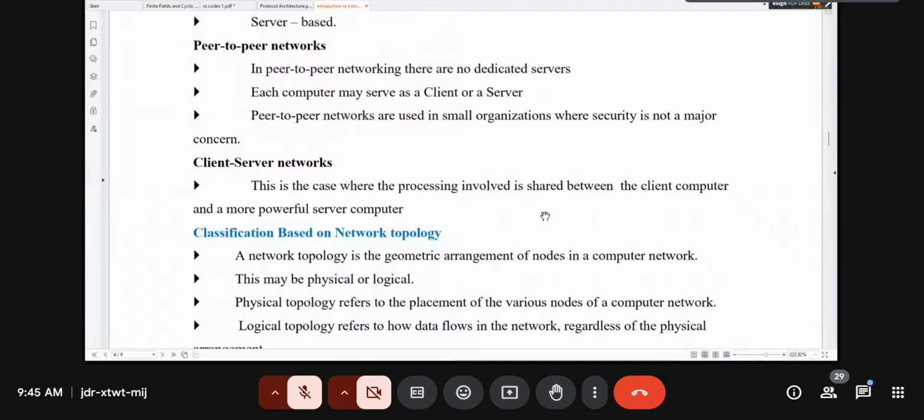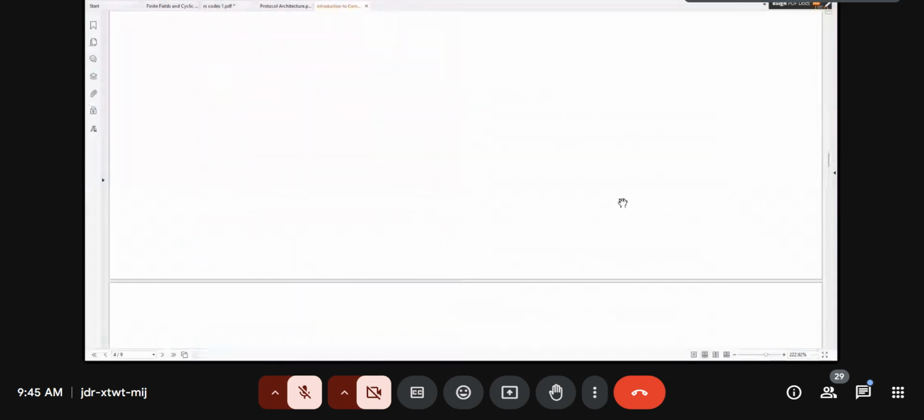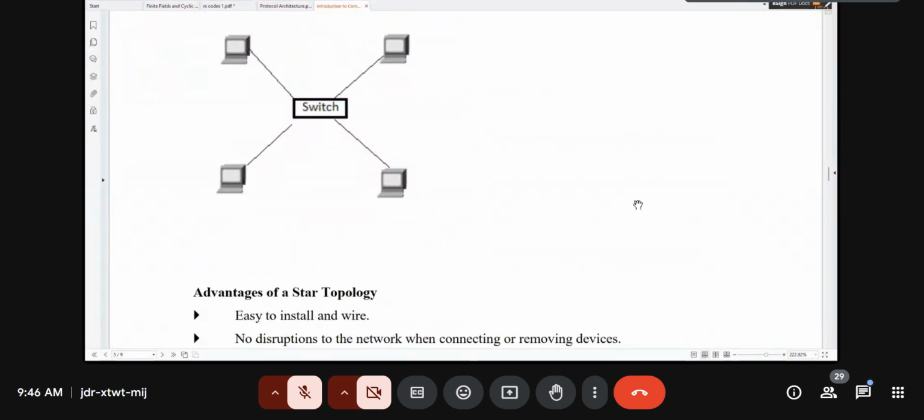So we try to cover what we think is enough to be able to design a simple network, and maybe even configure simple network devices.